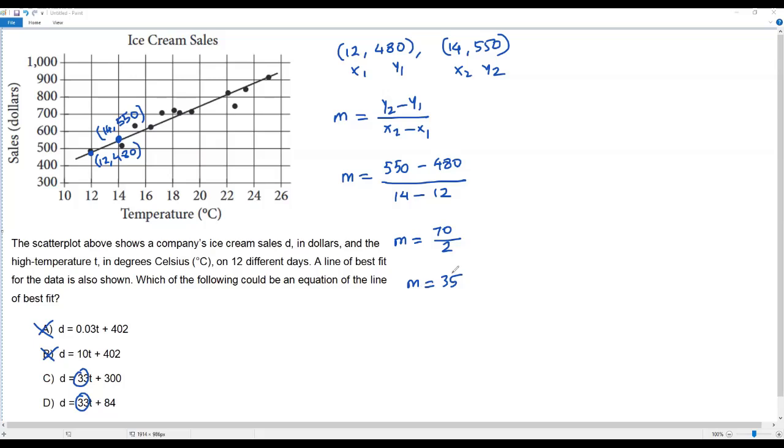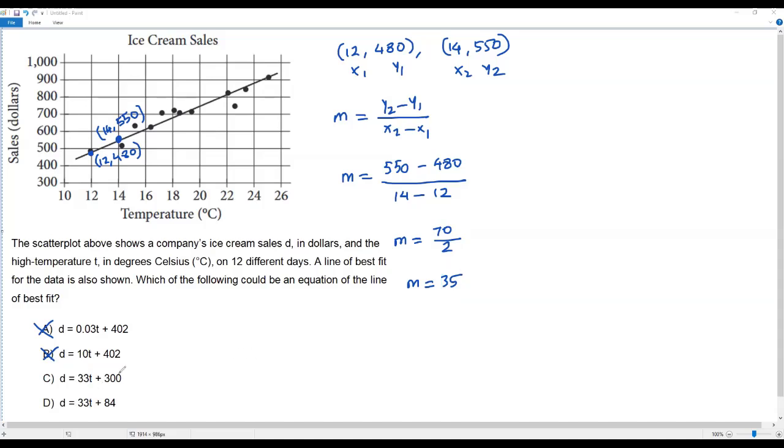So this is almost close to the slope we got, because we don't get the exact slope since we just chose the points, and the y coordinate we have taken in the first point as 480 may be slightly above or slightly below 480. Anyway, the slope in option C and option D is very close to the slope we got. So either option C or option D can be correct.